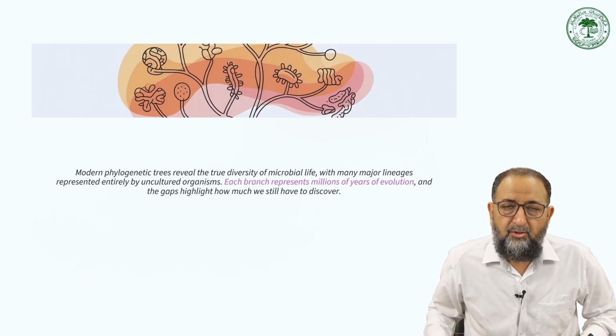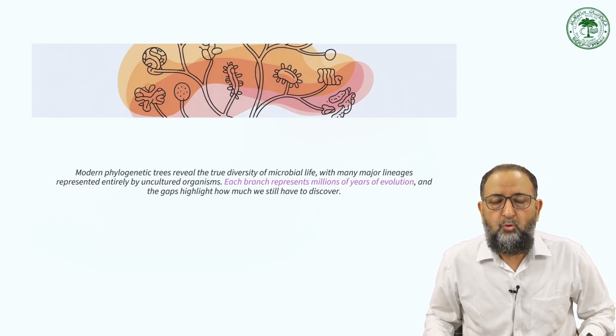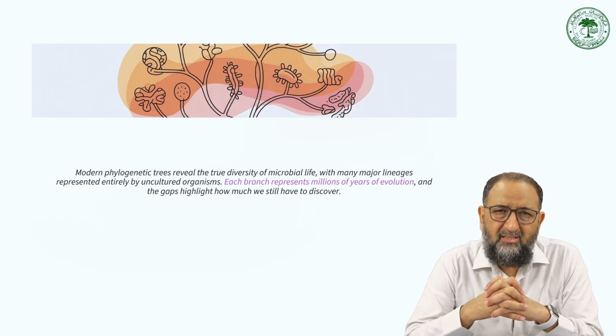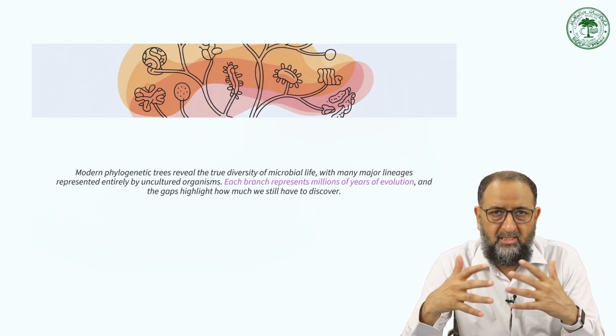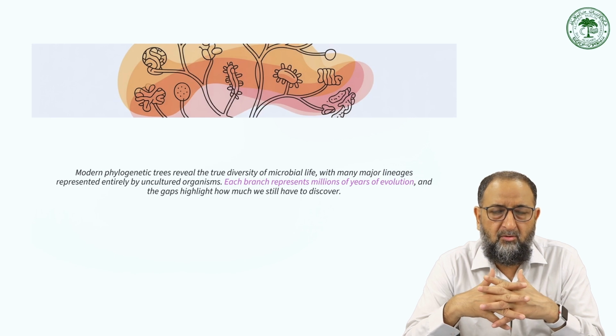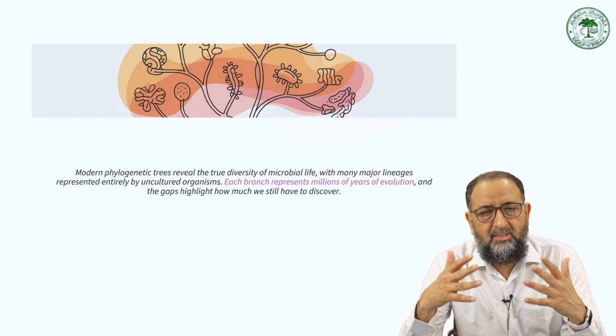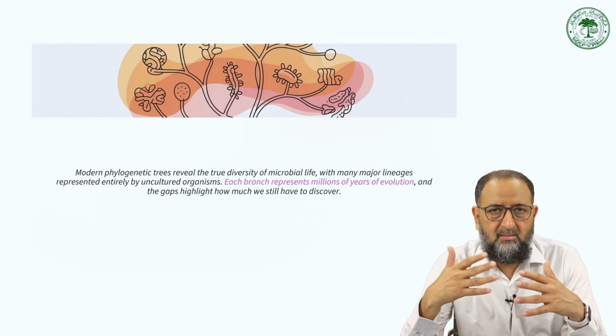The modern phylogenetic tree reveals the true diversity of microbial life. The phylogenetic tree is something like a pedigree record. In a family, you have a pedigree record: your grandfathers and great-grandfathers, then your fathers and sons, and so on.